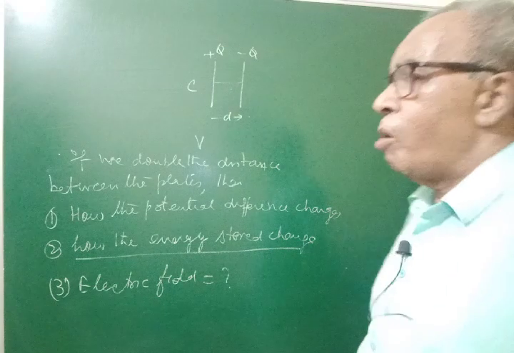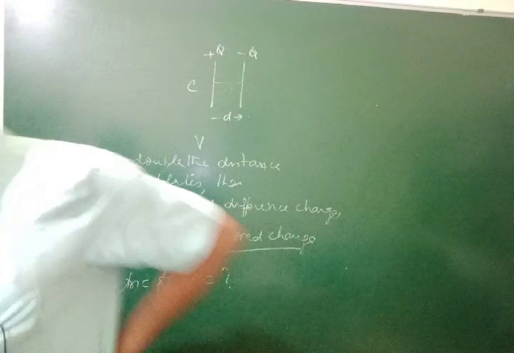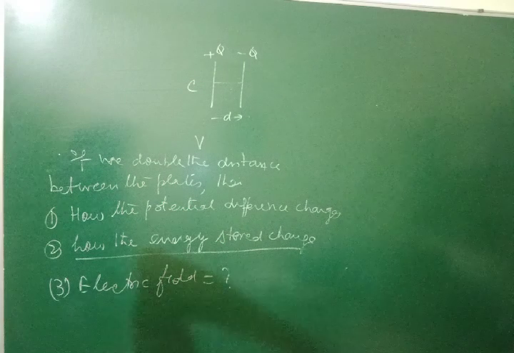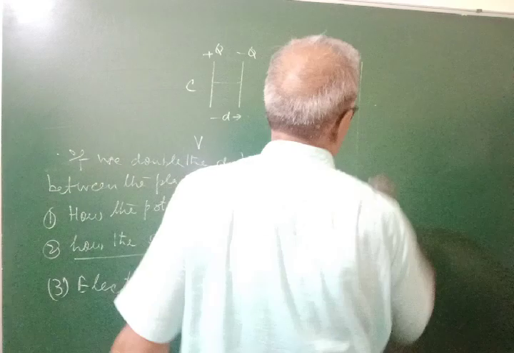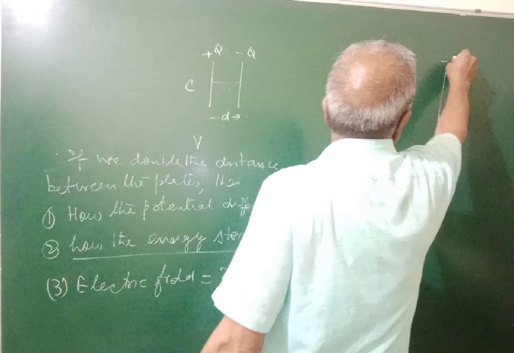Actually, potential difference is the amount of work done in carrying unit charge from one point to another. So when you double the distance, you are doing work against the attractive force.